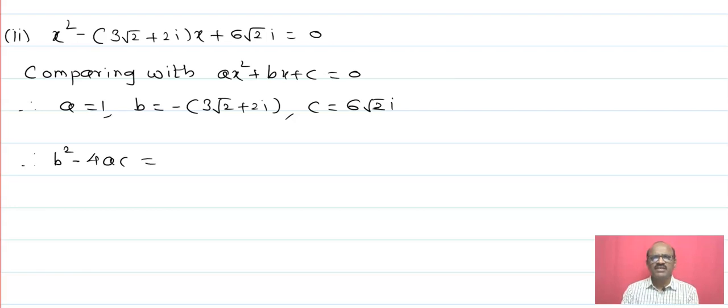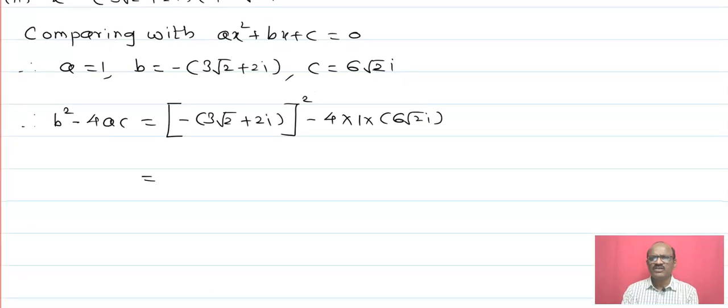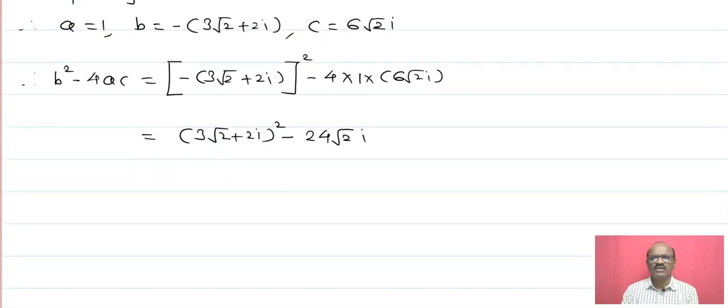Therefore, b square minus 4ac, that is, I had written in the square bracket, minus (3 root 2 plus 2i) whole square minus 4ac, that is 4 into 1 into 6 root 2 i. Therefore, it becomes (3 root 2 plus 2i) whole square minus 24 root 2 i.